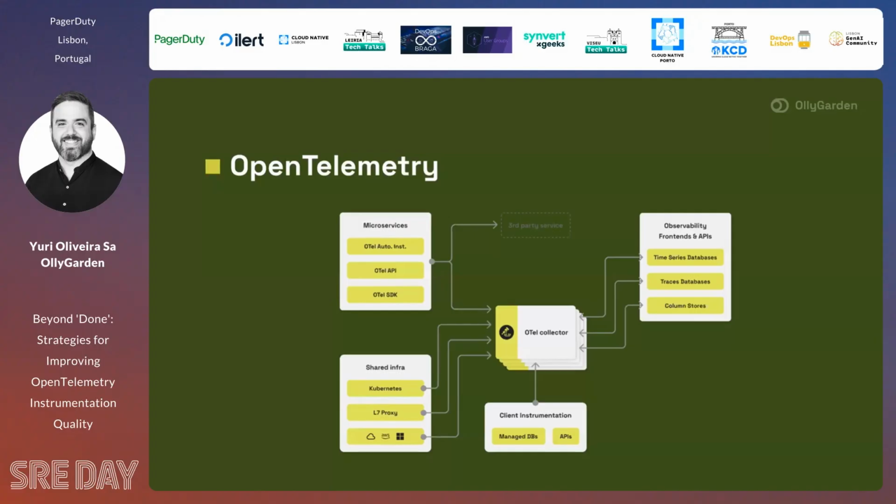Your applications transmit telemetry data to the OpenTelemetry collector, which is the engine of this project. It does all the processing, like enriching the data. It can be traces, metrics, logs, and so on, and transmits data over to Datadog, Dynatrace, Grafana, and whatever backend you have in your infrastructure.